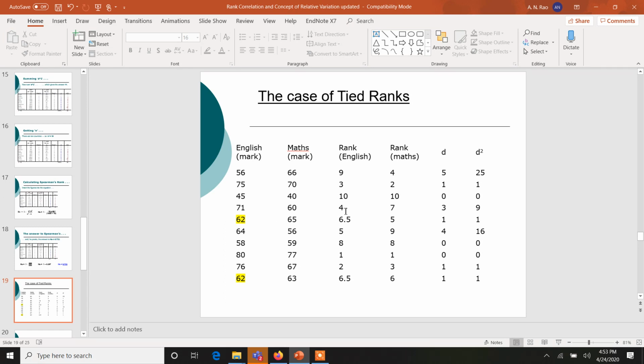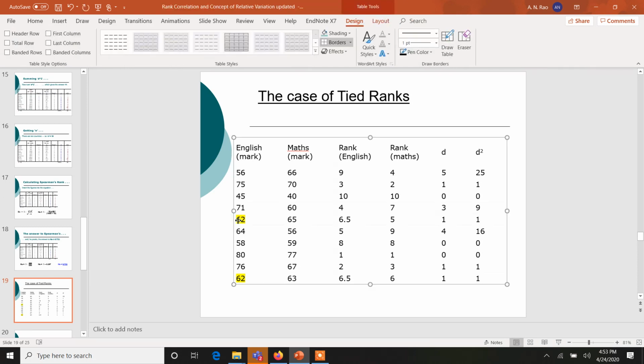So after 4, which is the next rank that was to be assigned? It must have been 5. But the problem is 62 is at rank 5, but then we have another 62. So had these values been different, what we would have done is to assign a 5 here and 6 here, right? Had these values been different, I would have given it a 5 and this one 6.